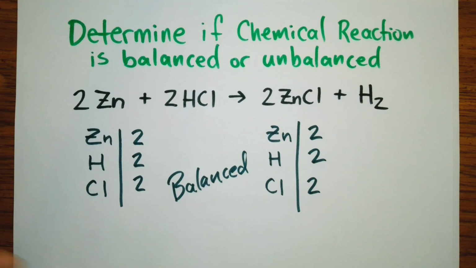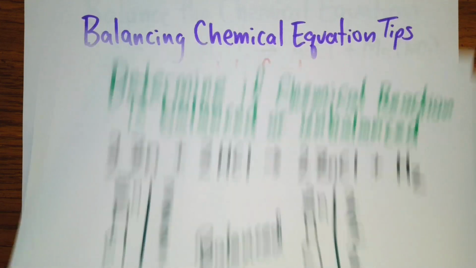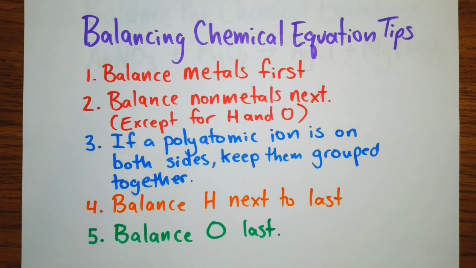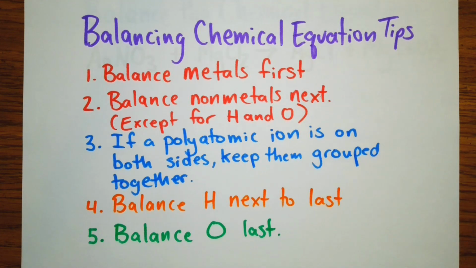Okay, that's much simpler than when you have to balance them yourselves. There's a couple of tricks you can do to make it easier. Balancing chemical equations does require practice, and the more you do, the better you'll get. So here are some tips that make it easier about 90% of the time. First, balance the metals first. Then balance the nonmetals next.